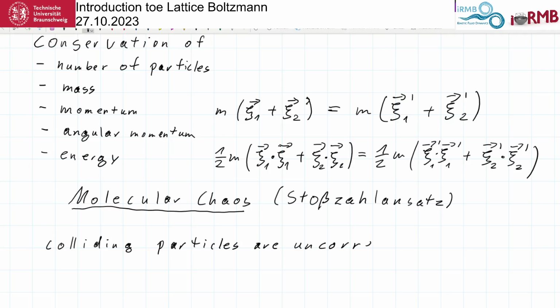Before they meet, they don't know anything about each other. So we just count their collisions. That means that the velocity, by the way, this is not completely correct, but it is asymptotically correct. So this is a starting point for a theory.